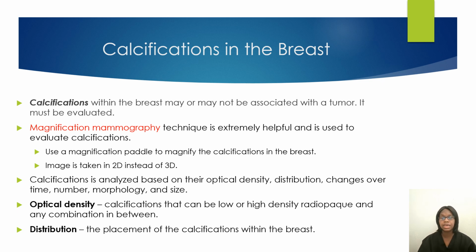The spot compression images will be in 2D, so it will not let you take the mammogram image in 3D if the magnification stand is on. If you're not comfortable with doing diagnostic images and you notice an error once you put the stand on, that's because your images have to be in 2D.